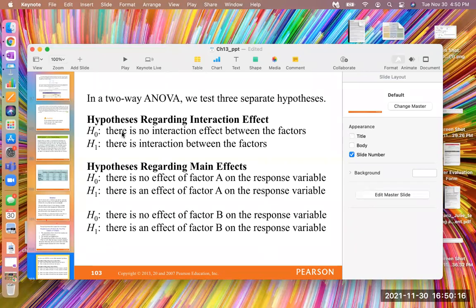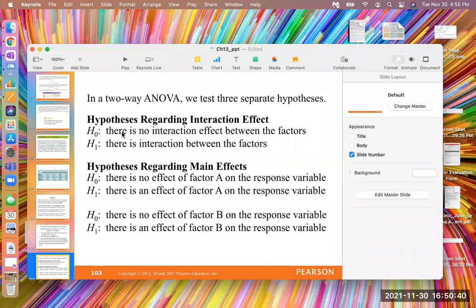Okay. And like I said, if we reject the null hypothesis that there's no interaction, and we say there is interaction between the two variables, then we would stop right there. We would not interpret anything further with the main effects.